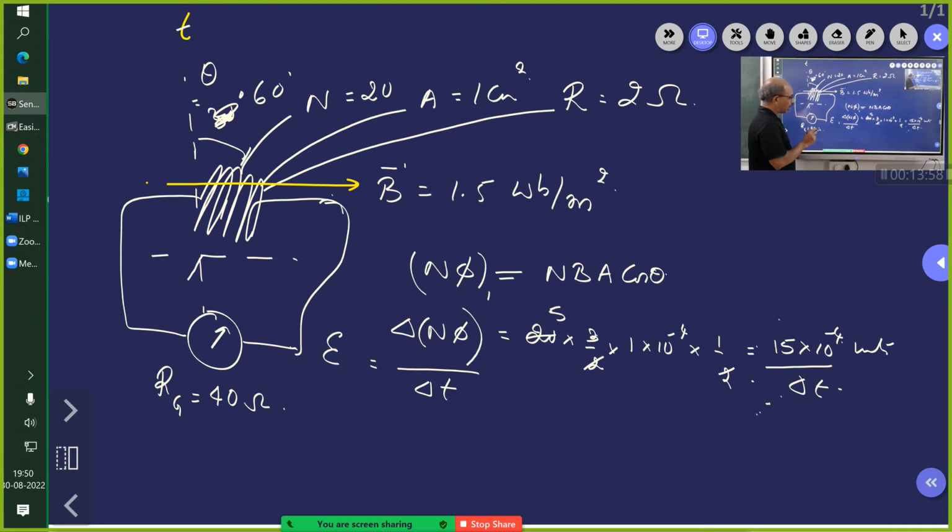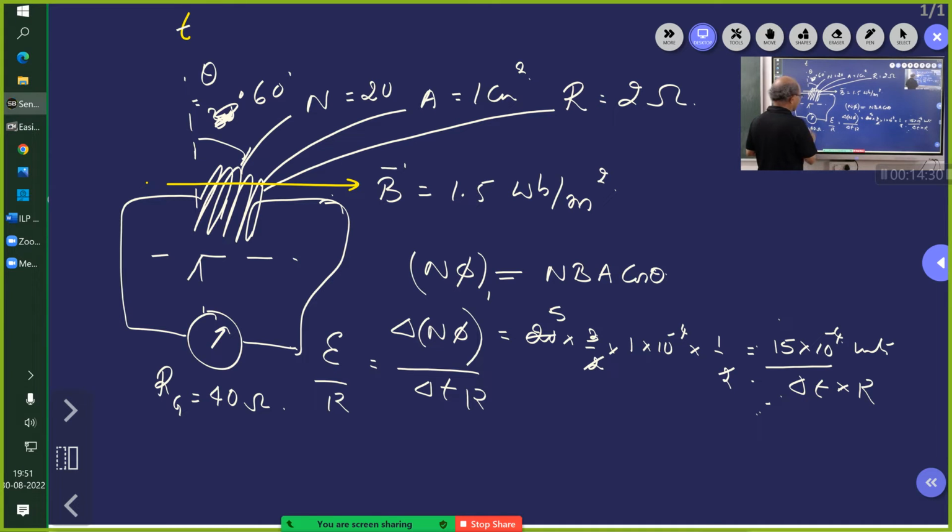But then, how much will be the current that will flow in the coil? For this, we can use V equal to I into the resistance, so you will divide both sides by resistance. I divide this side by resistance, and this also by resistance. So what will I get here?